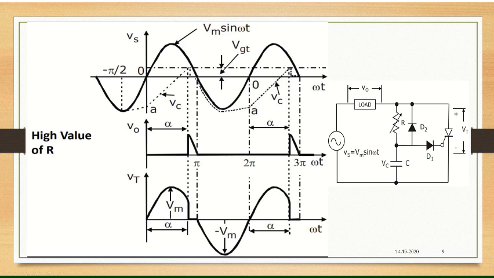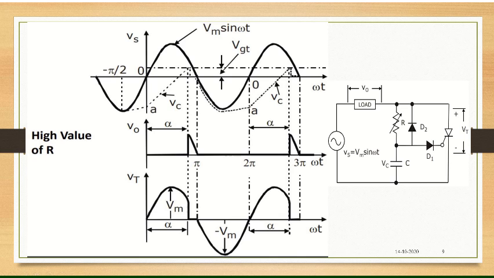During the negative cycle, as the voltage reverses and becomes negative, the SCR is again turned off. Turned off means again it acts as an open switch. So whatever input you are applying is appearing across the SCR.